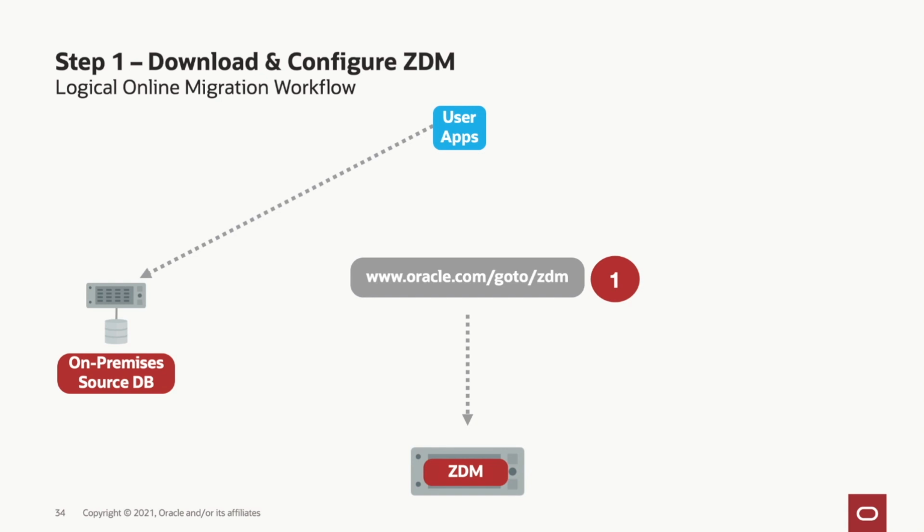Same steps apply: downloading ZDM on a VM running Oracle Linux 7, and then configuring the product, and after installation and proper configuration, pre-feeding the response file with all the information regarding the source database, target database, backup location, GoldenGate hub, etc. And then issue the migration command so that ZDM will start the migration process.